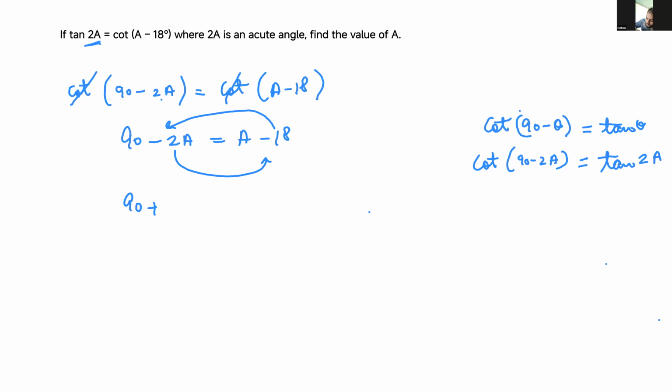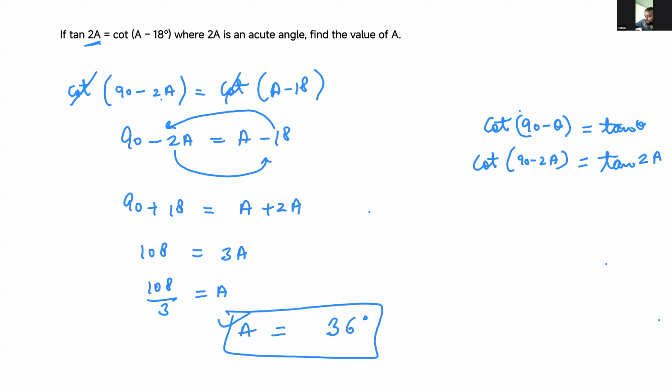So 90 plus 18 is equal to a plus 2a. It becomes 108 equals 3a, and 108 divided by 3 equals a, which is 36. The value of a will be 36.